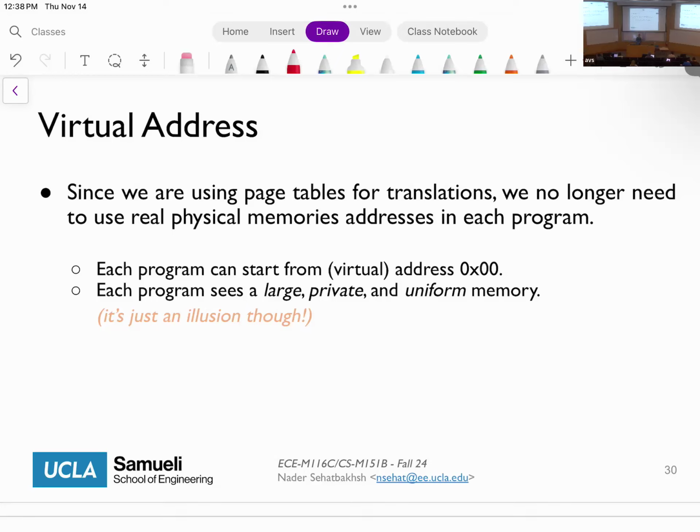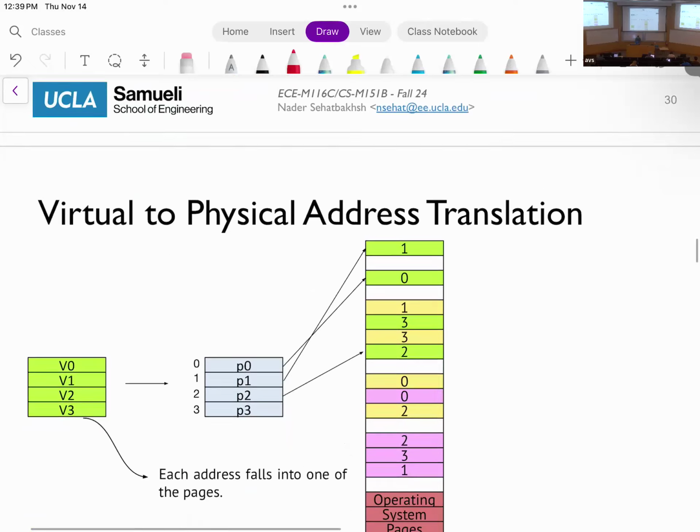So the program has this illusion of a large, private, and uniform memory. In reality, though, since we want this dynamic behavior and we want to add and remove things, we have all these tricks in the background. But when you write a program, you never have this abstraction of pages, and that's the beauty of address translation, okay?